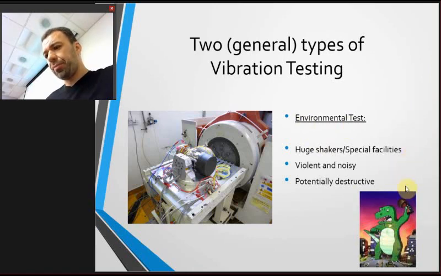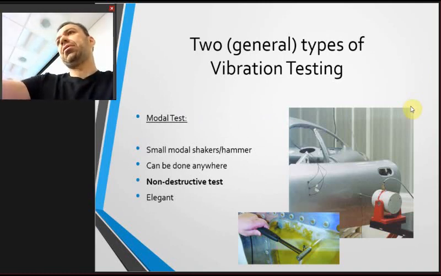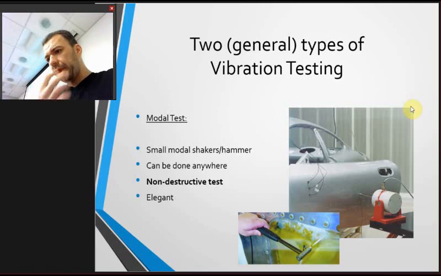Okay? As opposed to this, GVT, the modal test, is extremely elegant. We are using very small shakers. I have an example here; we'll talk about it later. We can do this anywhere. We can come to a structure instead of it coming to us, attach our sensors and shakers, do the test, and return the structure in one piece.